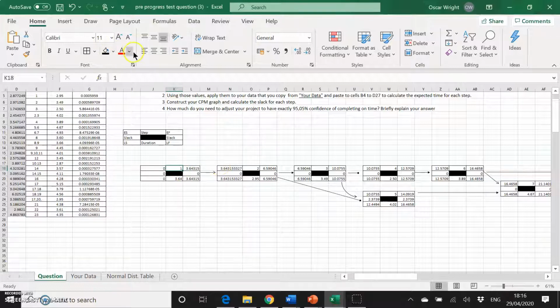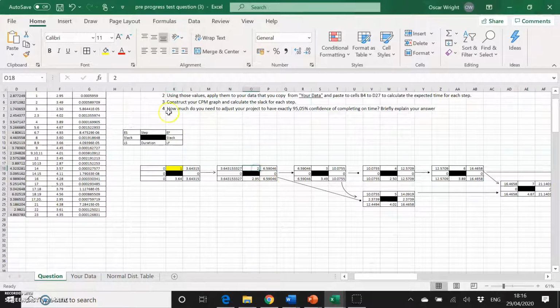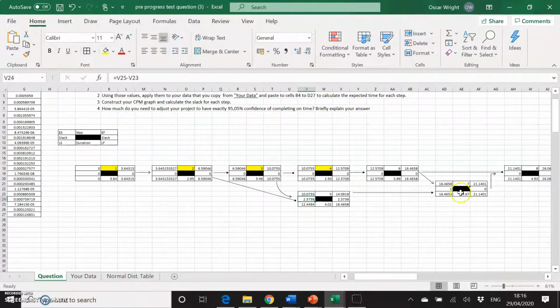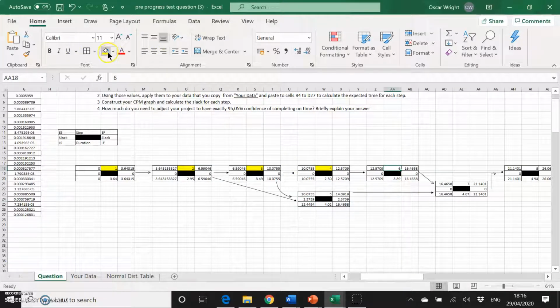And so we're going to do a little highlight color for each of the steps where there's no slack. So 1, 2, 3, 4, there's no slack. 5, there is slack, as we can see here, so we're not going to include that in our CPM. Critical path is what I mean.